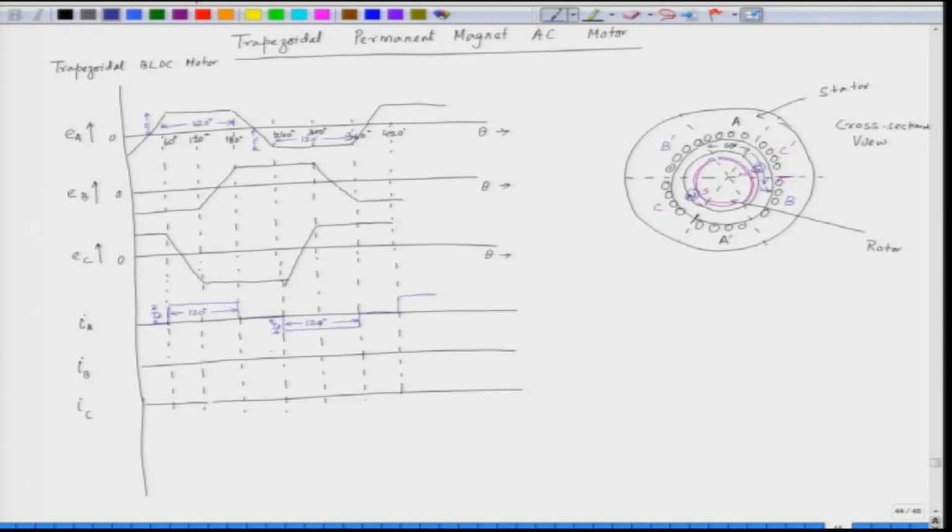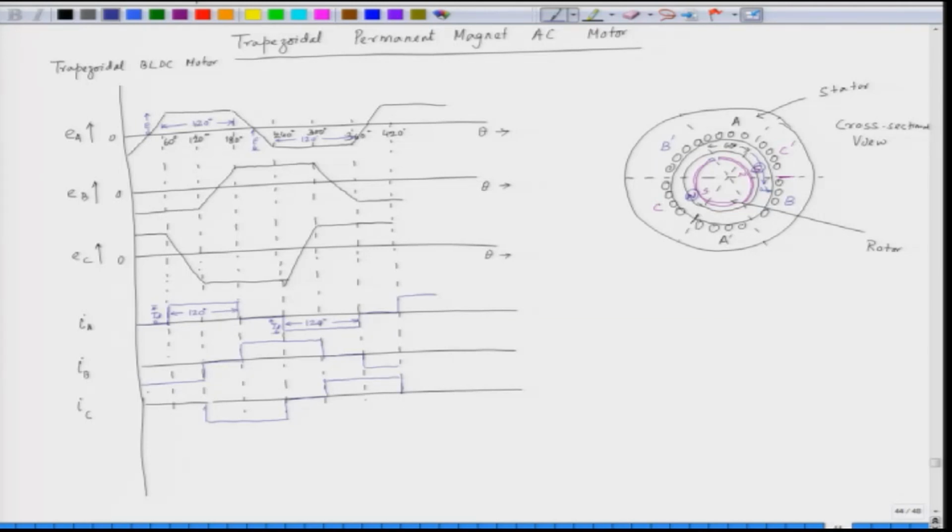Similarly, for phase B, the current is positive when the induced EMF is positive. So, this is the nature of the current. And the current is negative when the induced EMF is negative. So, this is the nature of the current in phase B. What about phase C? In phase C, we have the current which is like this. The current is negative when the induced EMF is negative and positive when the induced EMF is positive.